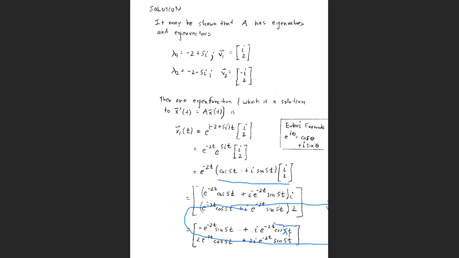That's an eigenfunction, a complex solution to the linear system of differential equations. But I'm going to work with this eigenfunction so that I can get two real solutions. What I do is I rewrite the exponential part as e to the negative 2t times e to the 5it.